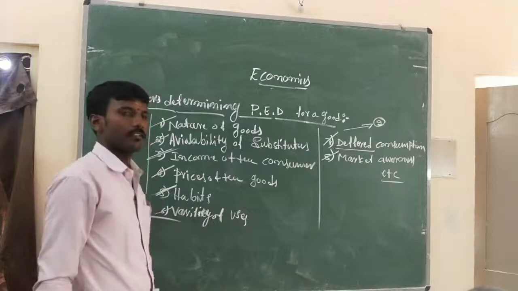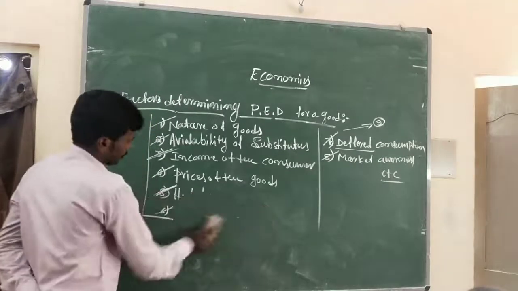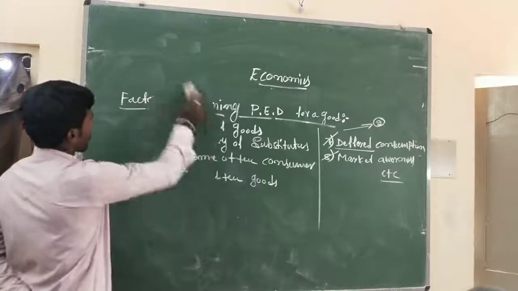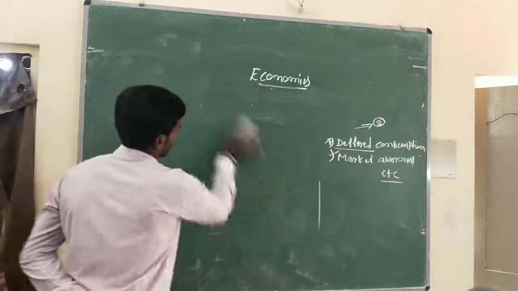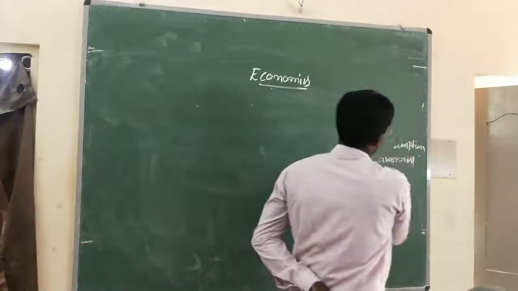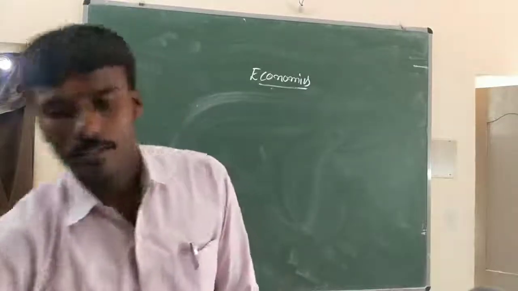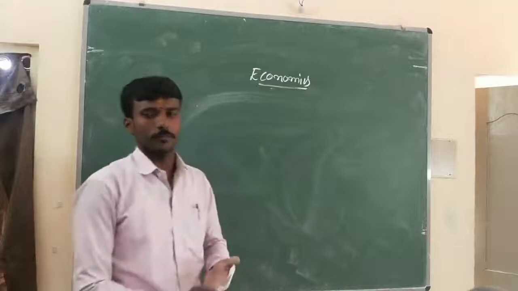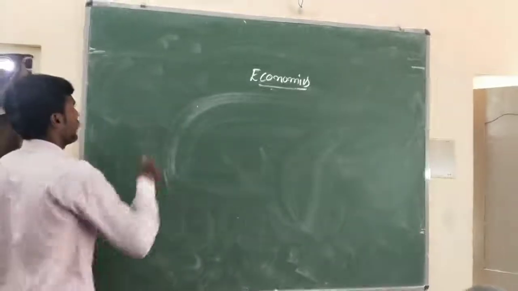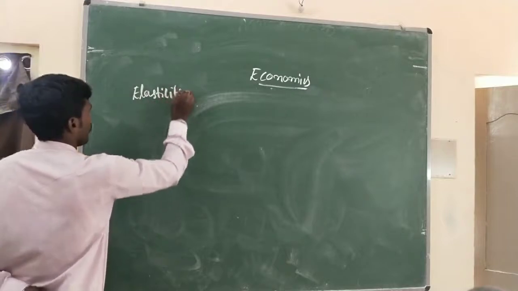Okay, now the last sub concept. So this is the last concept in the second chapter: elasticity and expenditure.